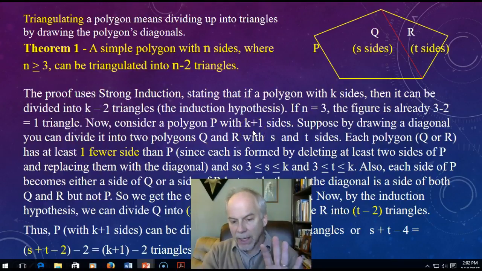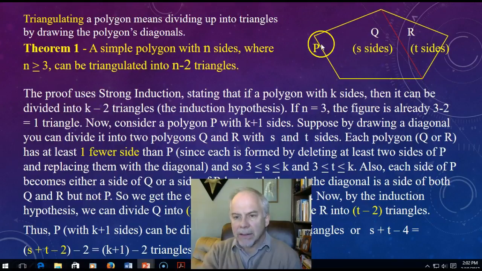So we're considering the case where it has k plus 1 sides. So we have to show that that would mean that it has 2 less than that triangles that you could divide it into.